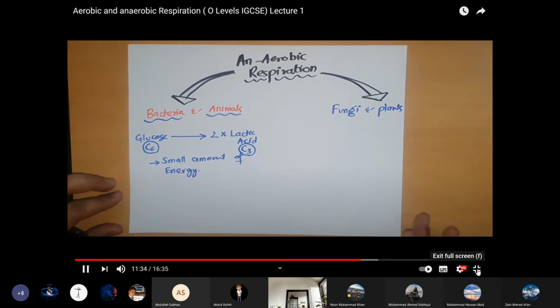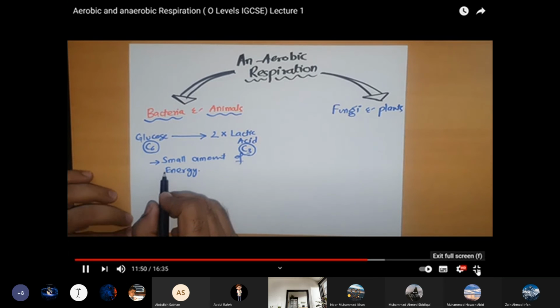Now, this glucose does not directly change into lactic acid. It does change into pyruvic acid before, but we are not going into that detail because it is not in the O-level syllabus. That detail is in the A-level syllabus.